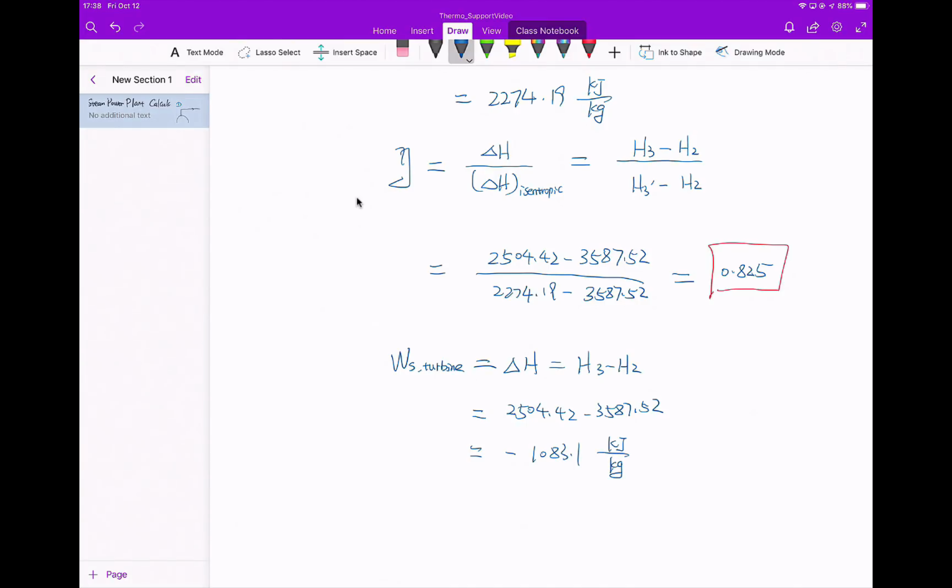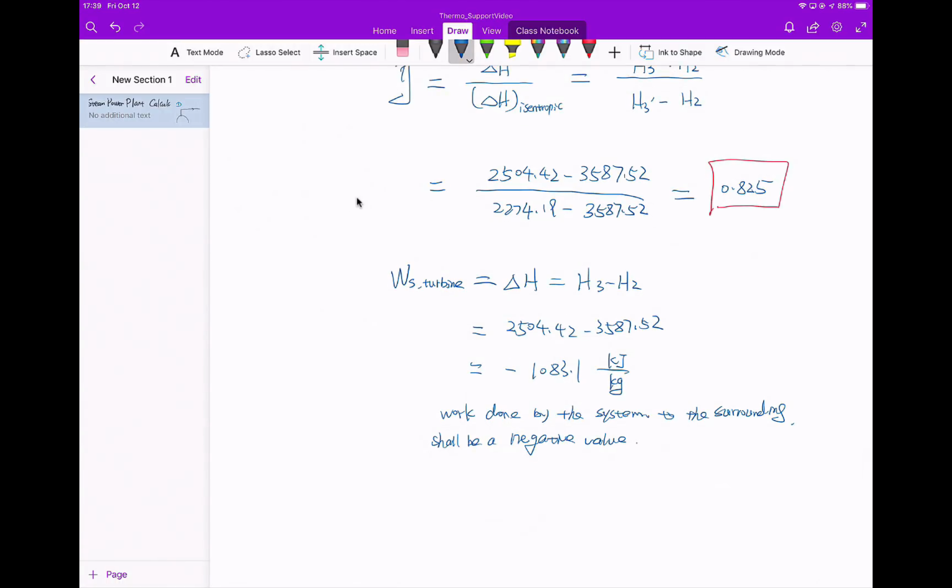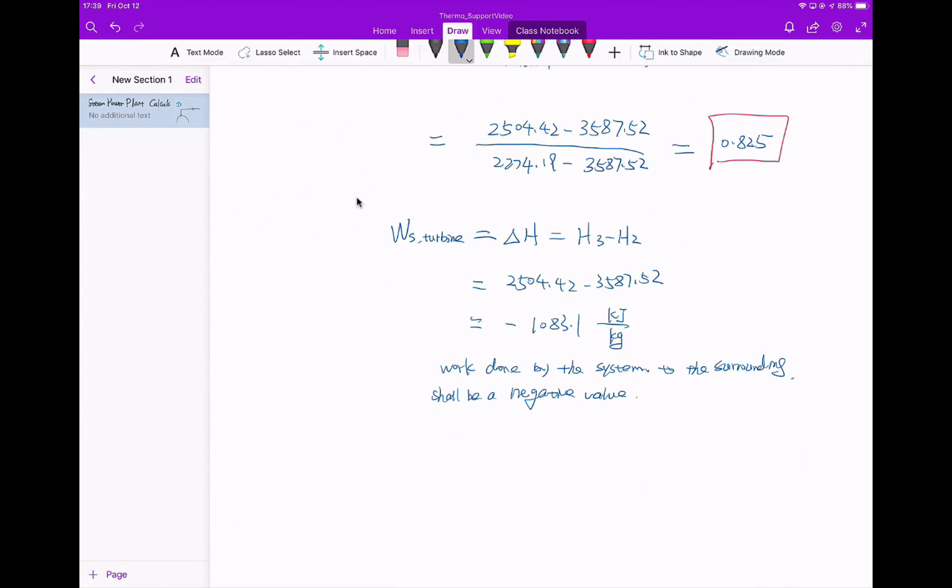Negative making sense because this is the work done by the system to the surrounding. Should be a negative value. But of course, if you report this as the positive value with the same numerical, that should be exactly fine.